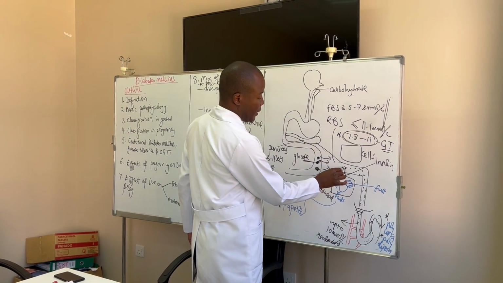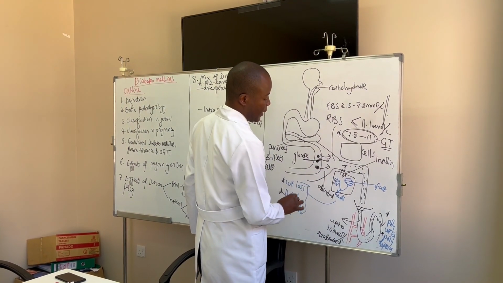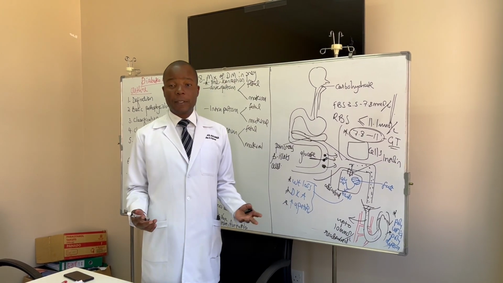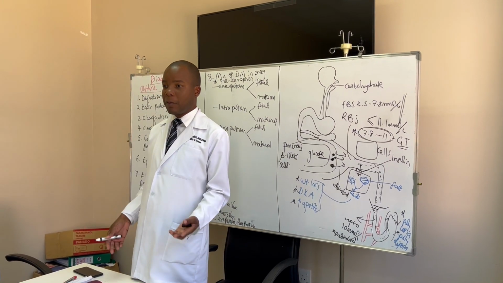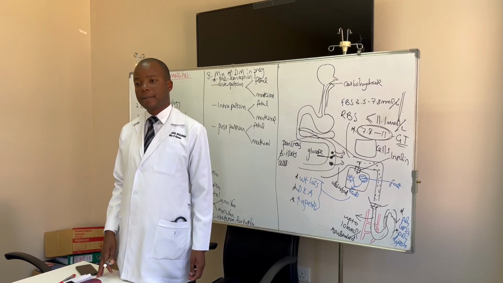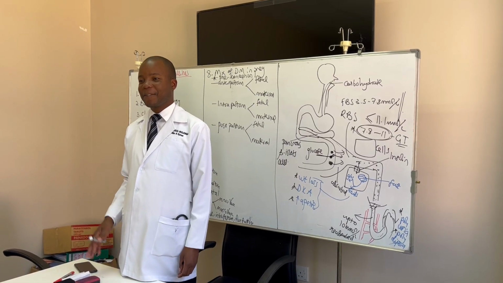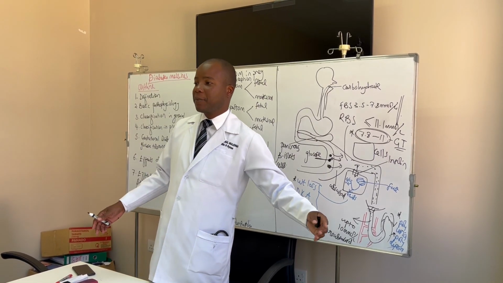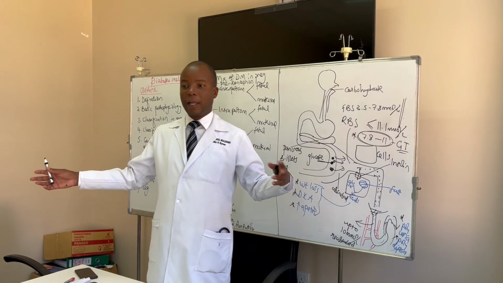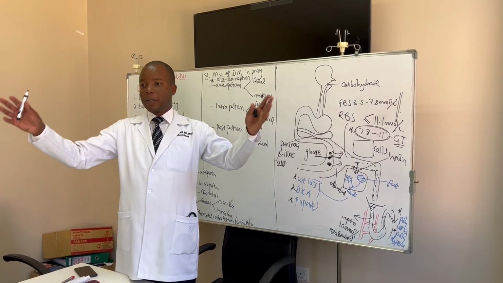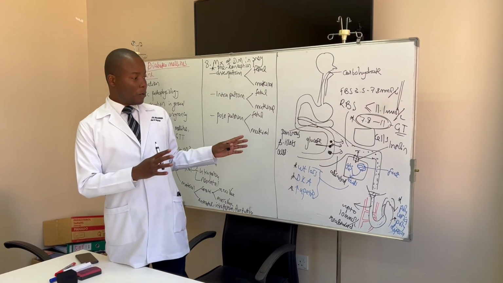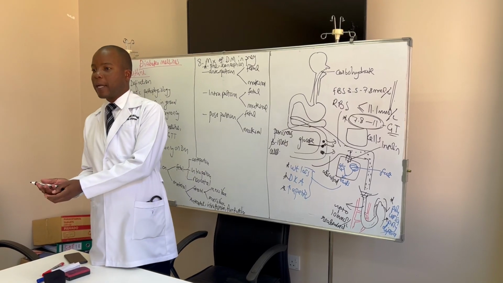Now, if the glucose enters here, what will it do? It will be involved in metabolic pathways. One of them is glycolysis. Remember glycolysis? Glucose 6-phosphate, fructose 6-phosphate. You have that, and then later on will be production of energy.